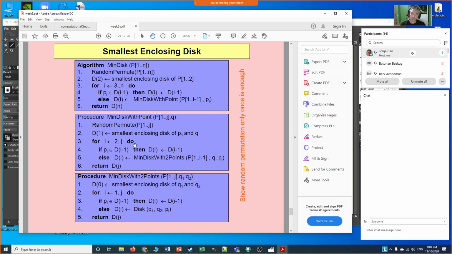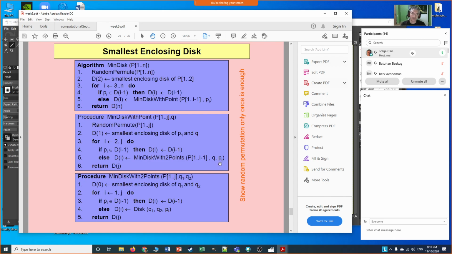Then from 2 to j, we do the same thing. And if we figure out that this new point pi this time is also not in the disk, now we call a different function, minimum disk with 2 points, because we want q to be on the disk. q has to be on the disk. So now pi also has to be on the disk.